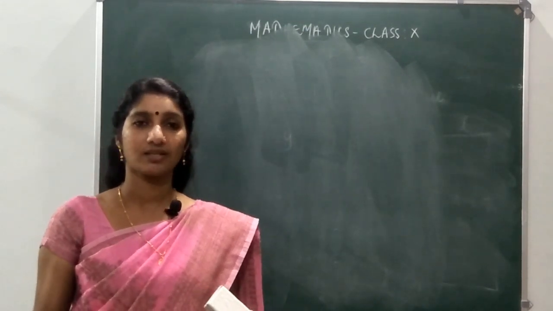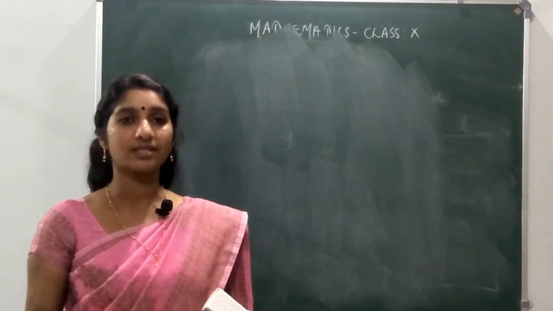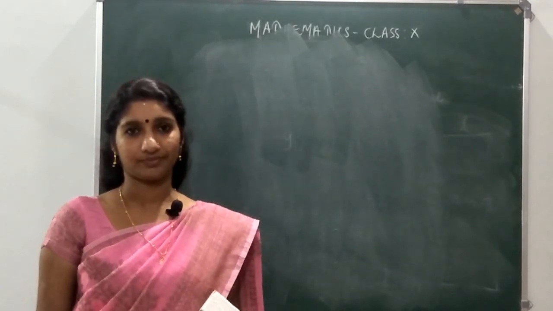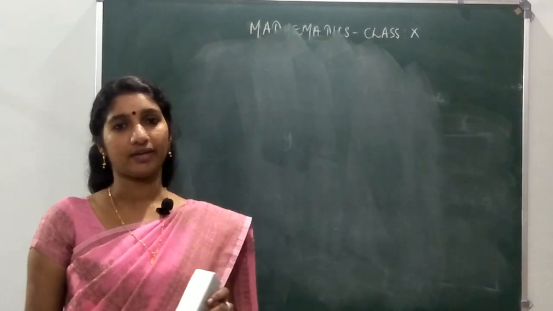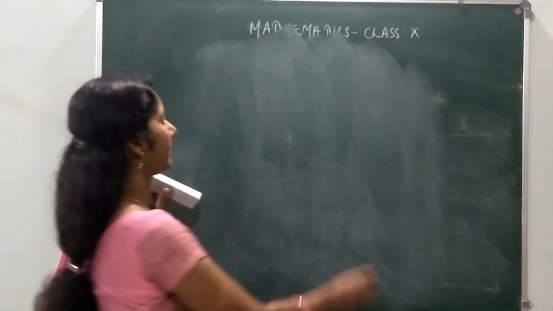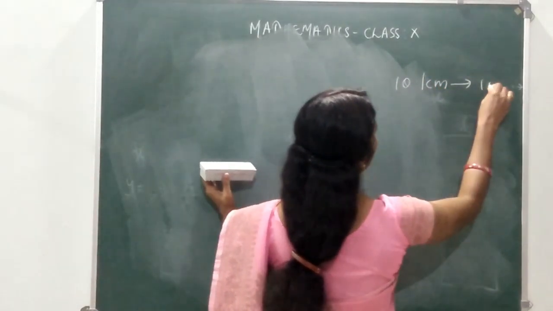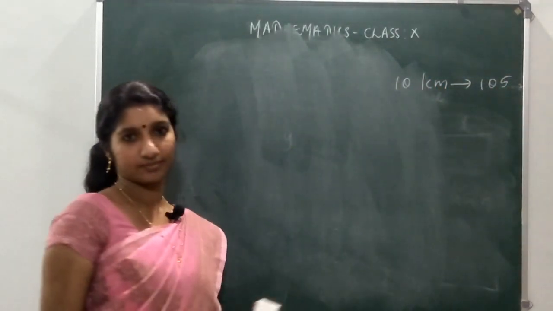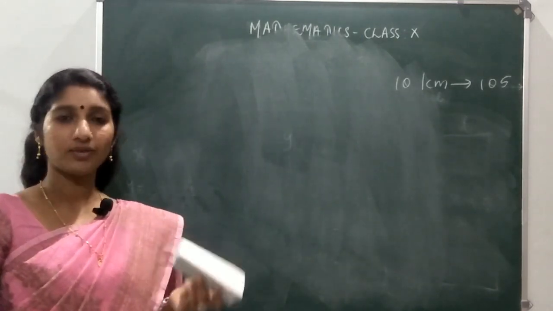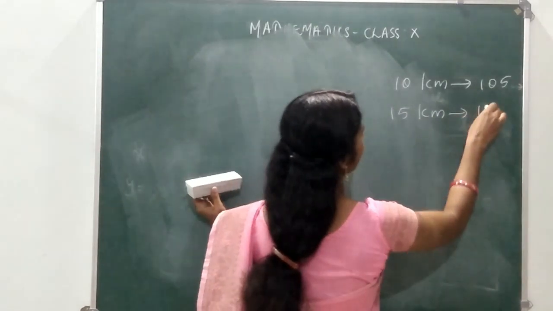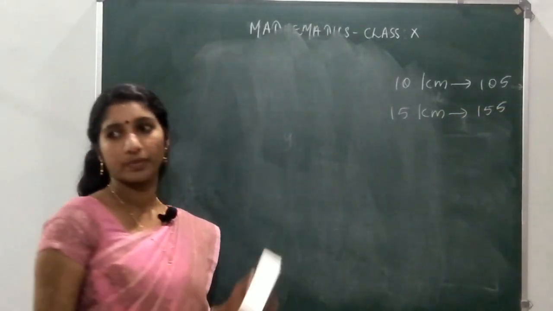According to the distance, per kilometer some extra amount is taken other than the fixed amount. And it is given that one person travelled 10 kilometer and he has to pay 105 rupees. Another situation, that is if we travel 15 kilometer, we have to pay 155 rupees.